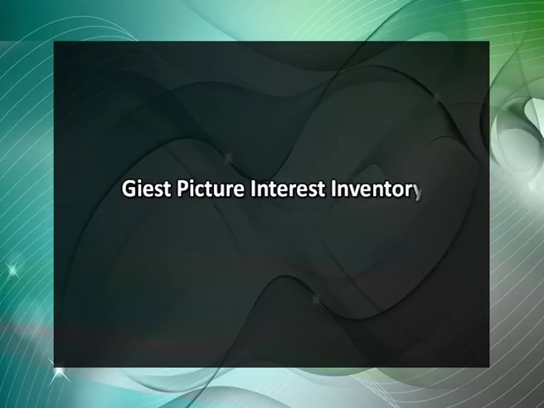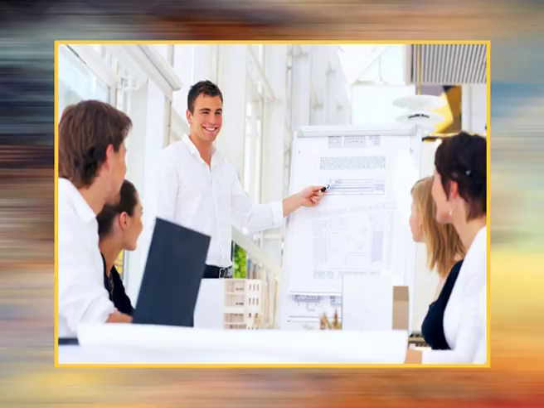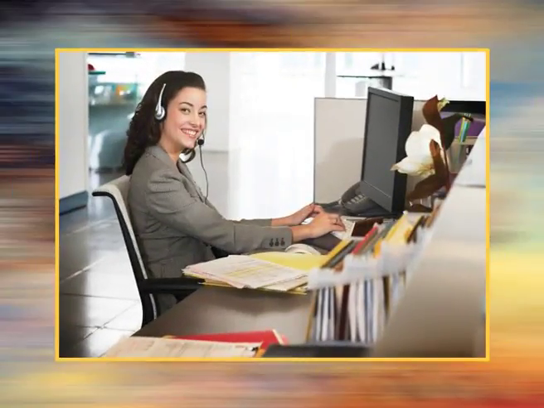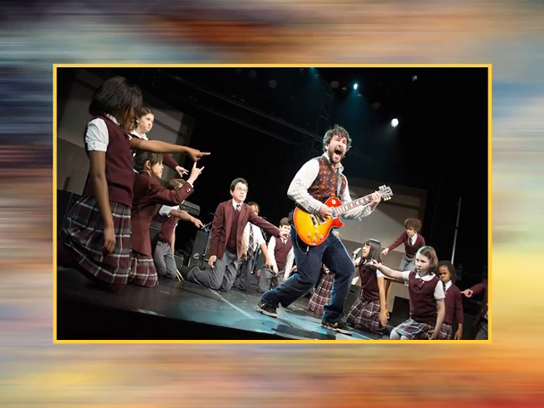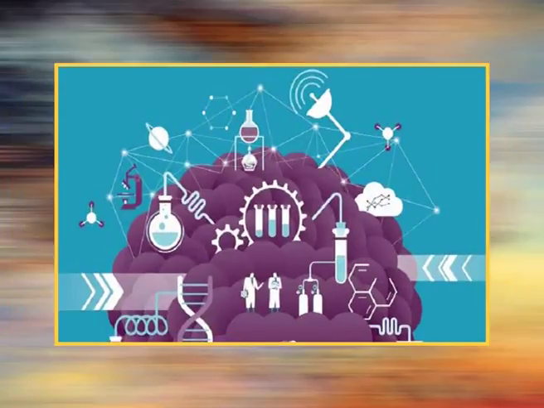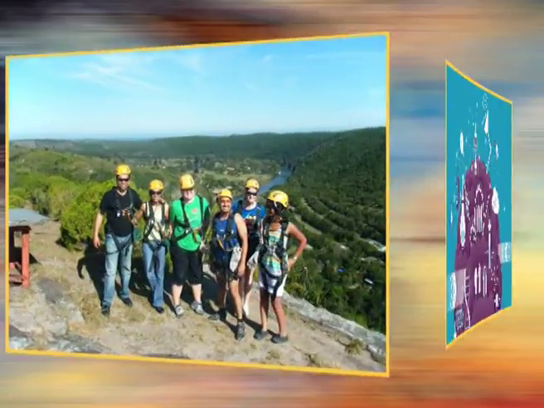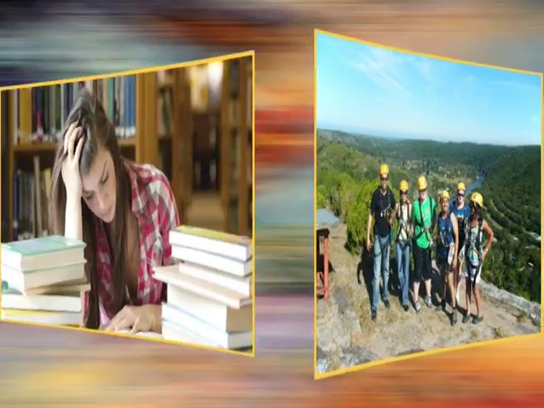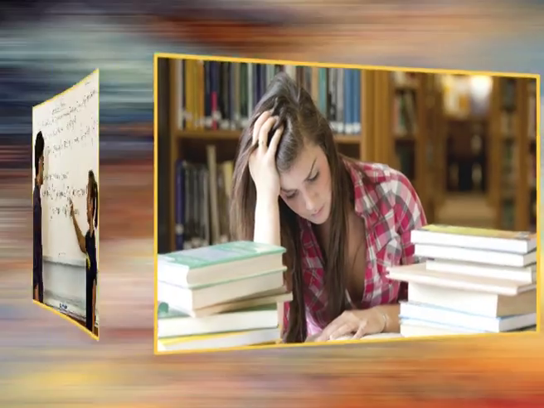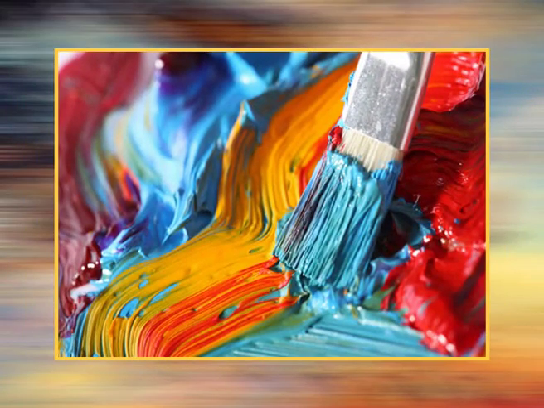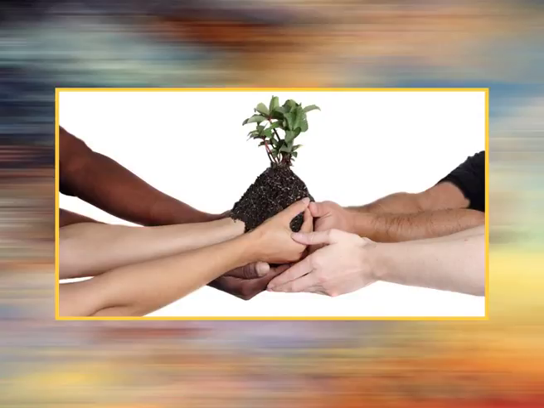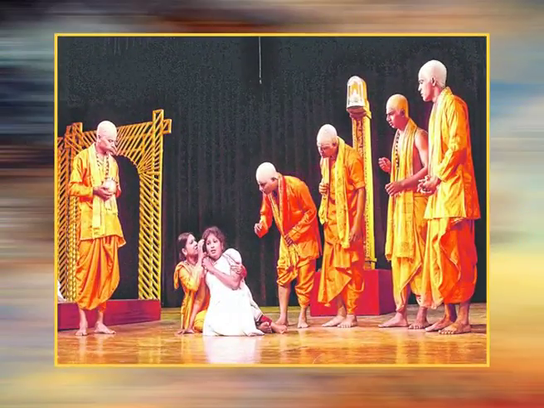Number 6. Joist Picture Interest Inventory. Joist Picture Interest Inventory is used to measure interest of a person in 11 different fields as persuasive, clerical, mechanical, musical, scientific, outdoor, literary, computational, artistic, social service, and drama.